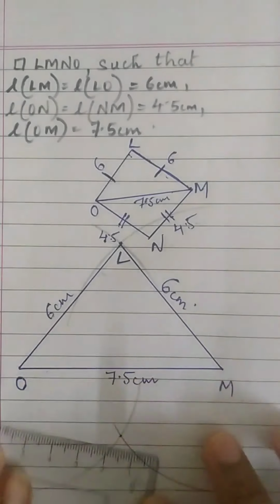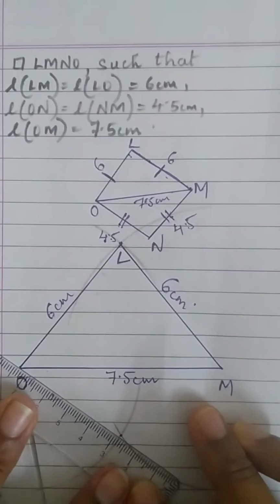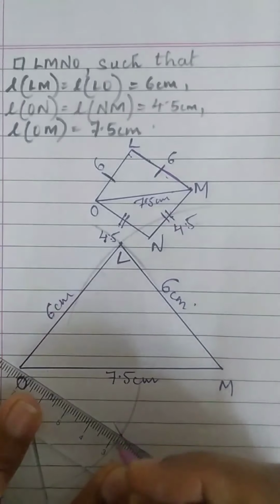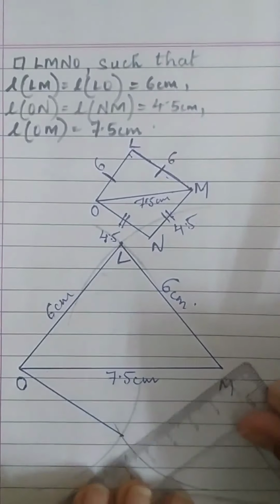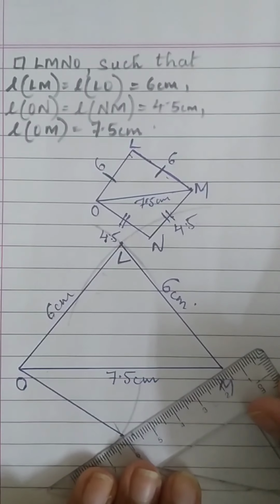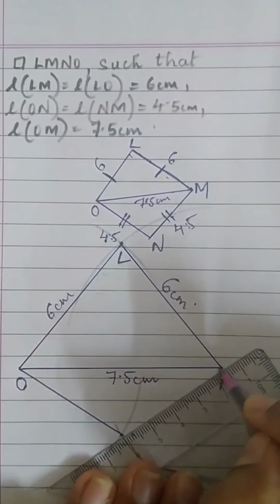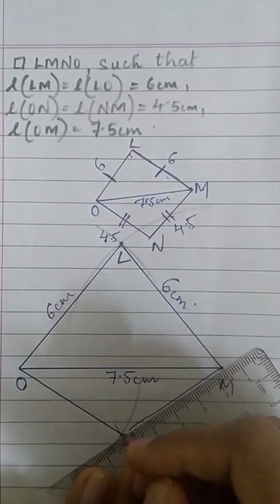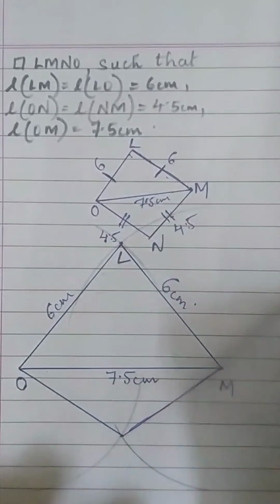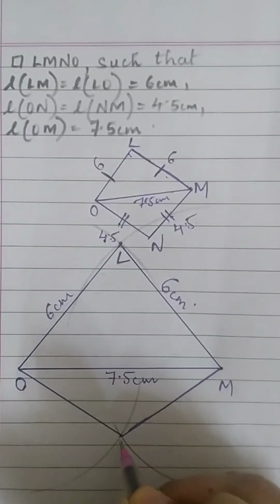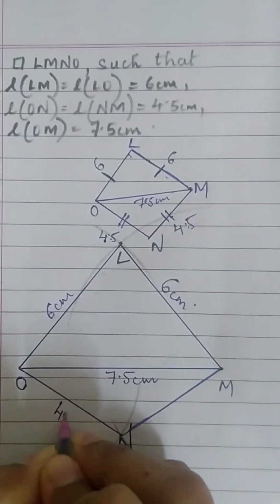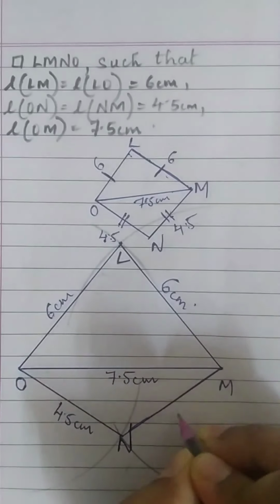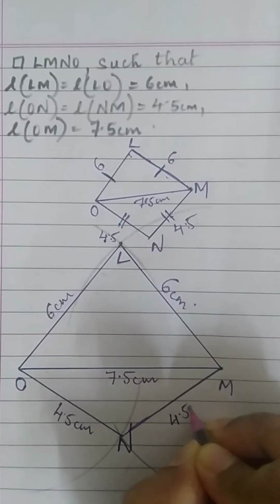Join that to O, and join that to M. Yes. So this is your point N. How much was ON? 4.5 and 4.5 centimeter.